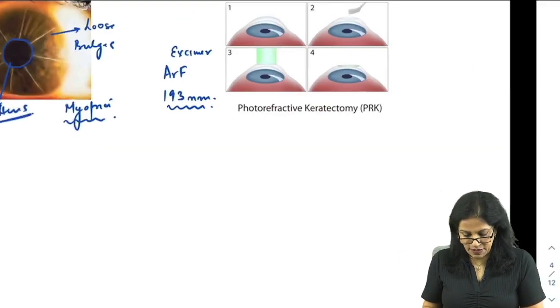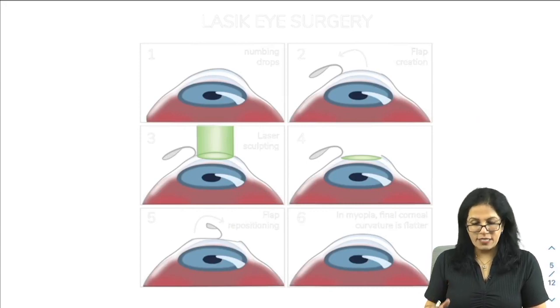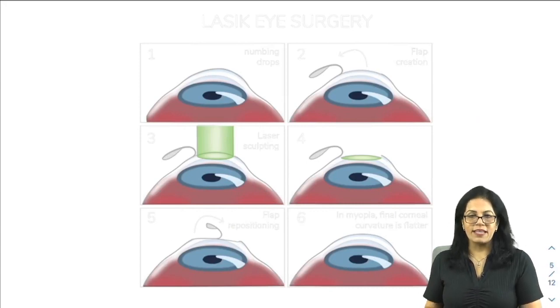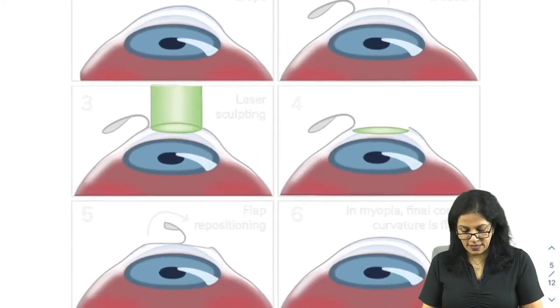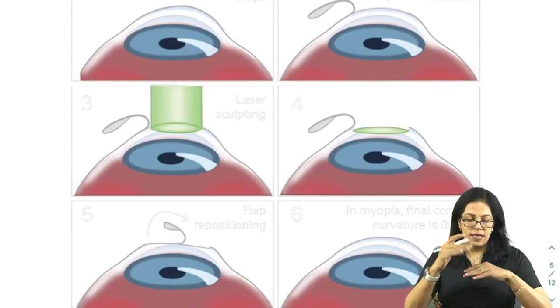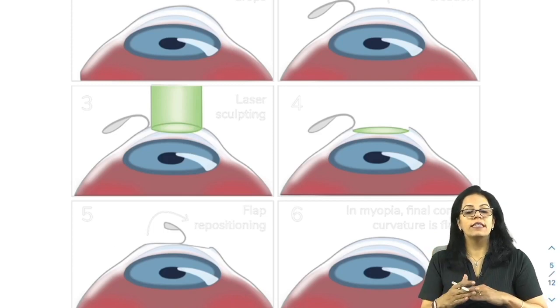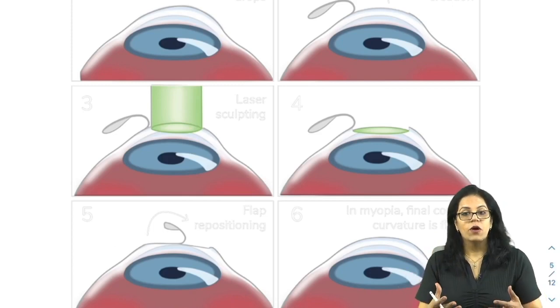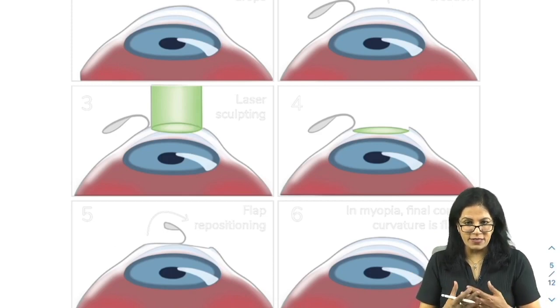Okay. Then the next is your LASIK surgery. The third option, LASIK. What is LASIK? Laser in situ keratomileusis. So we all know what we do here. After giving the anesthesia, we raise a flap of the cornea. When you raise a flap, this has both epithelium and stroma. How do you raise it? It can be by a microkeratome, or we can do it with femto laser. When we do it with femto laser, we call it I-LASIK or Z-LASIK.